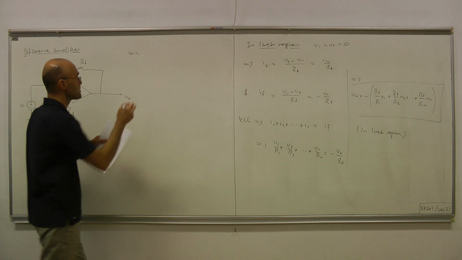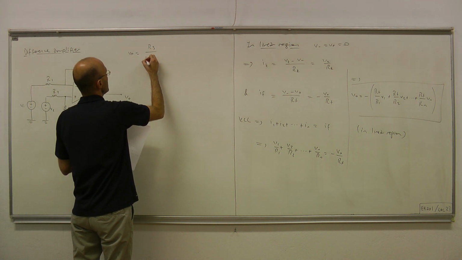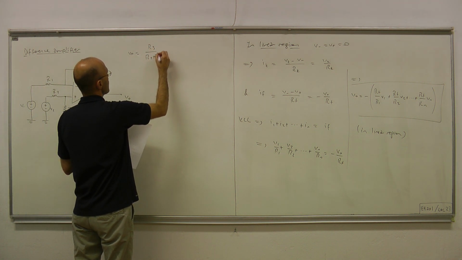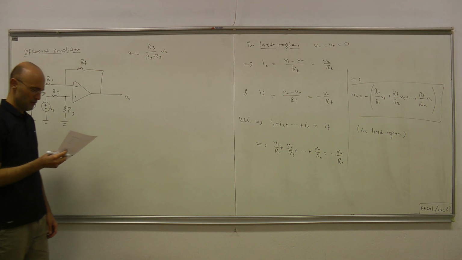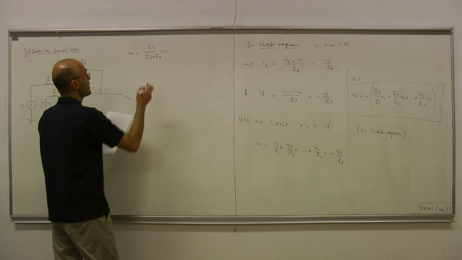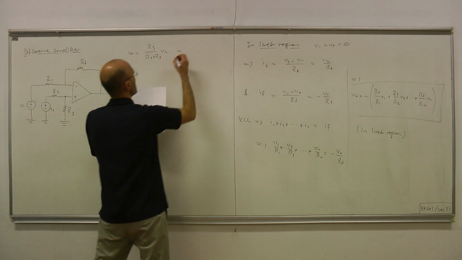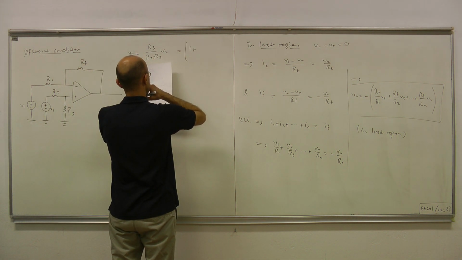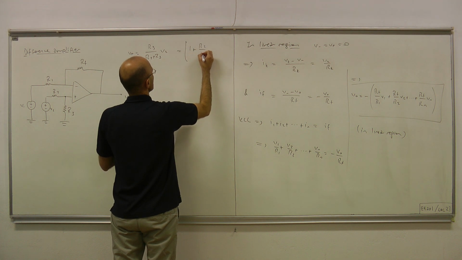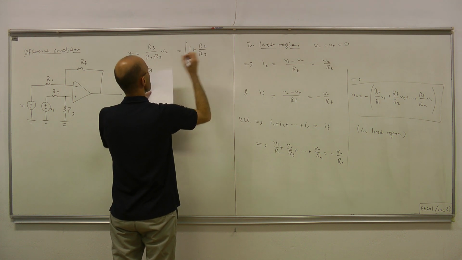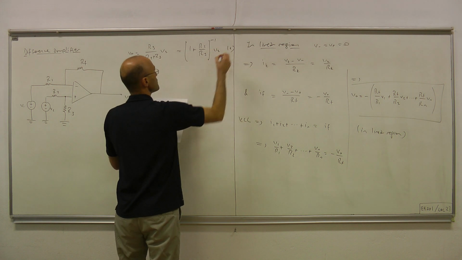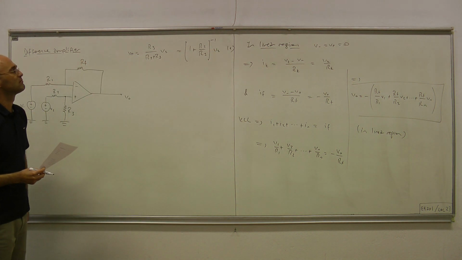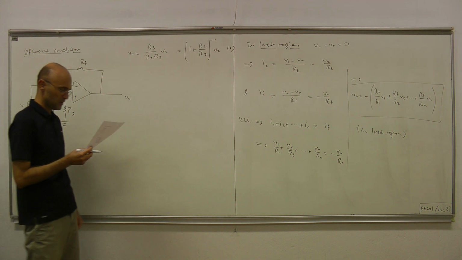So V plus is R3 over R2 plus R3 times the second input voltage V2. And that is 1 plus R2 over R3, inverse, times V2. Let's call this equation 1. Okay, so that's V plus.